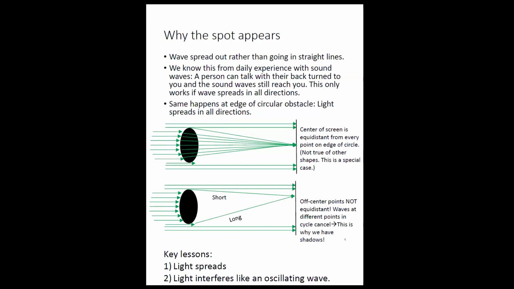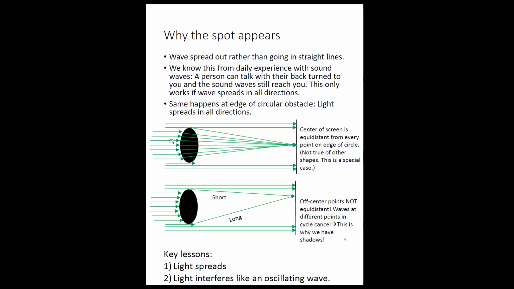Now, these spreading effects are only noticeable when the wavelength is large compared to the objects we're looking at. But that's why we mostly see shadow. But let's look carefully at the center. The center of this thing is equidistant from every point on the edge of the circle.